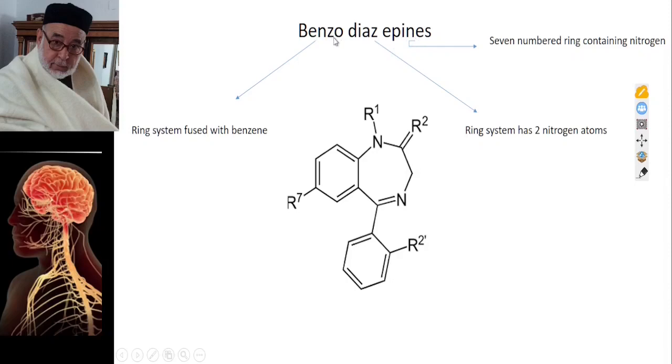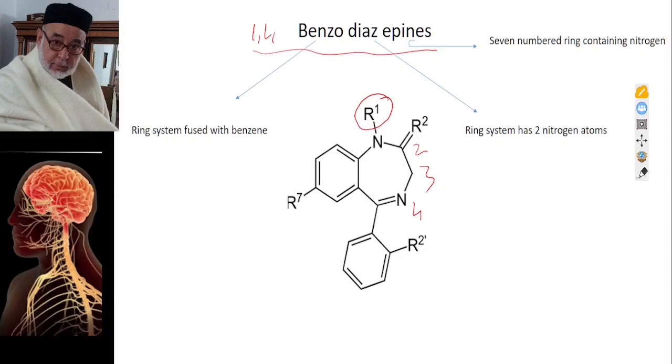Usually, as well, they are known as 1,4-benzodiazepines, because when counting, the nitrogen atoms are at position 1 and position 4. That's why they are known as 1,4-benzodiazepines.